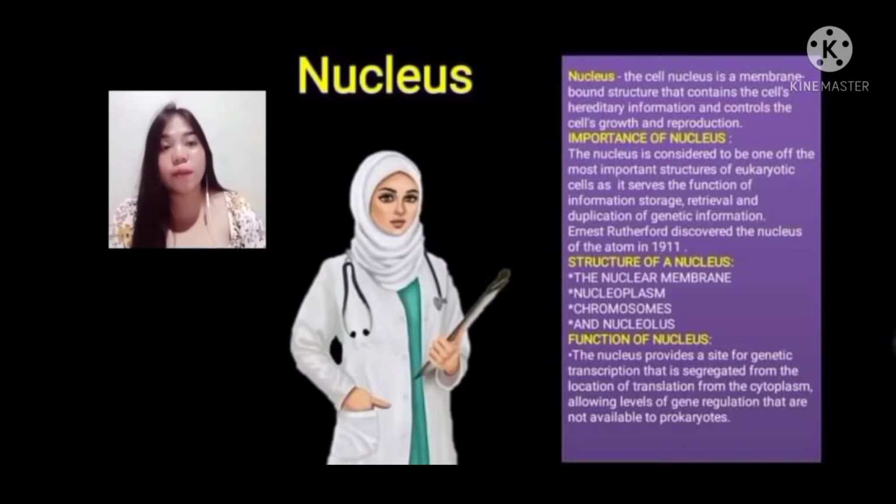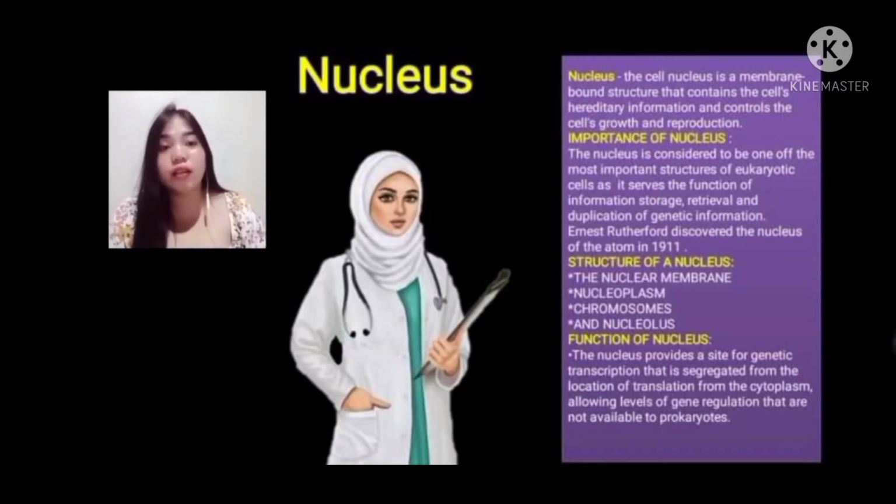So to further elaborate, the importance of nucleus provides functional compartmentalization inside the cell, allowing higher levels of gene regulation. In our body, the nucleus is the largest, most prominent organelle inside the cell. So take note that Ernest Rutherford discovered the nucleus of atom in 1911.